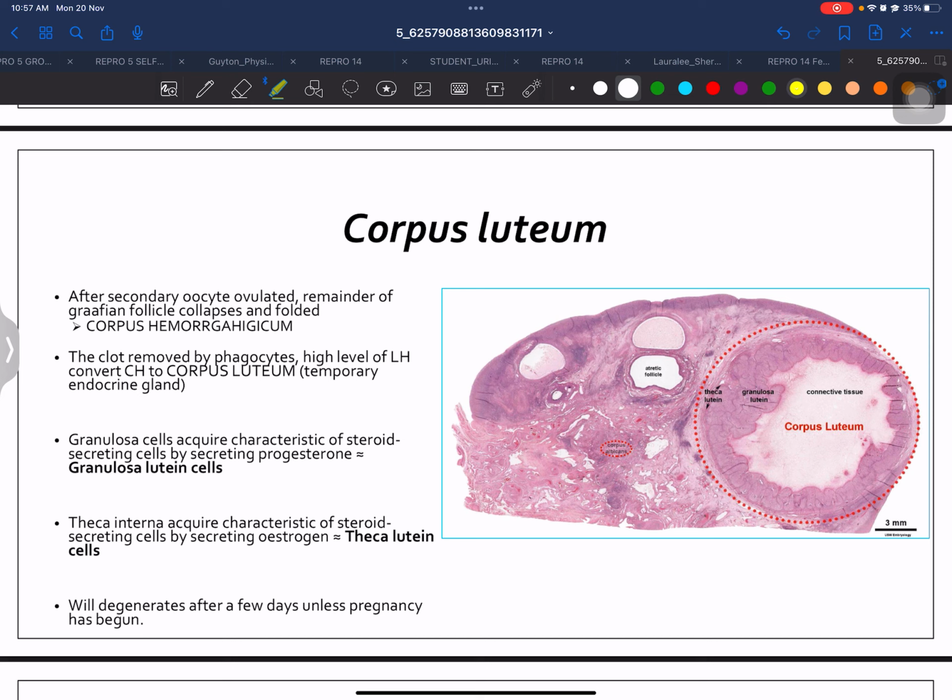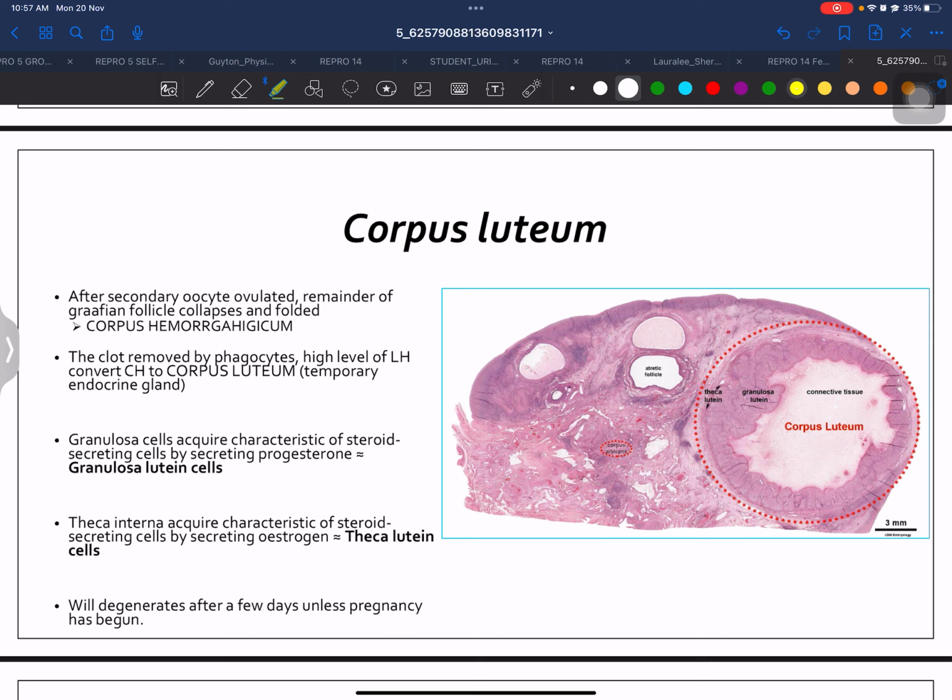So nanti if ada fertilization occur, corpus luteum dia akan stay lah, before the placenta develops. Tapi if tak ada fertilization, this corpus luteum akan hilang, degenerate. Bila dia degenerate, dia akan jadi corpus albicans.